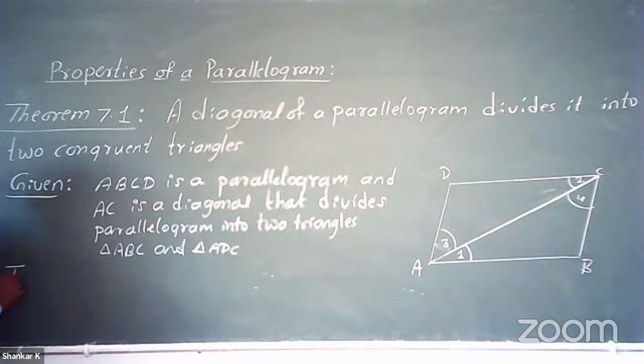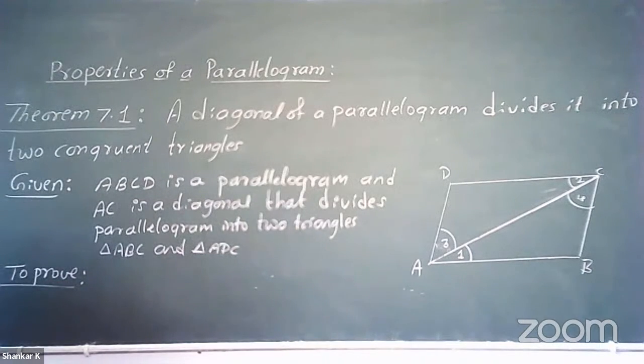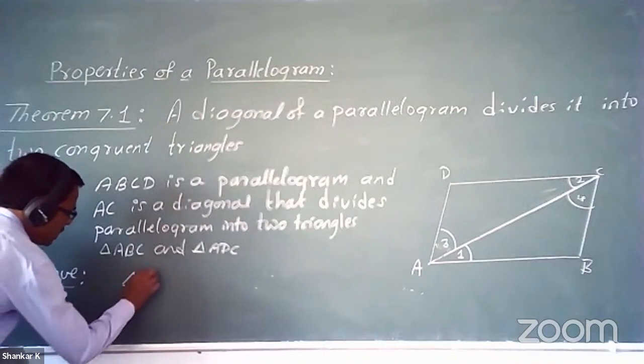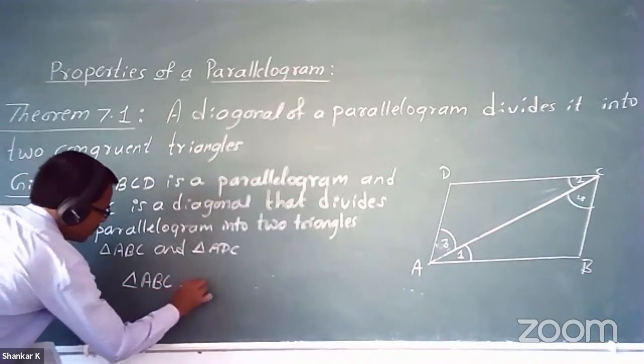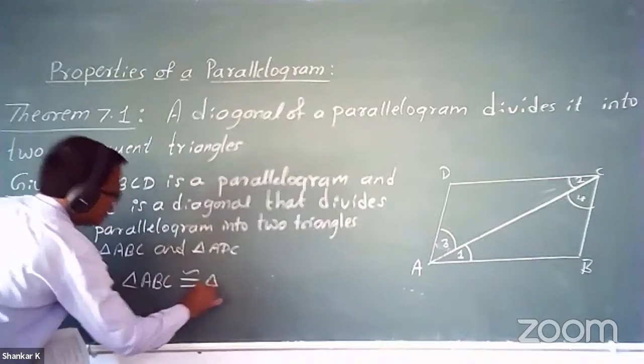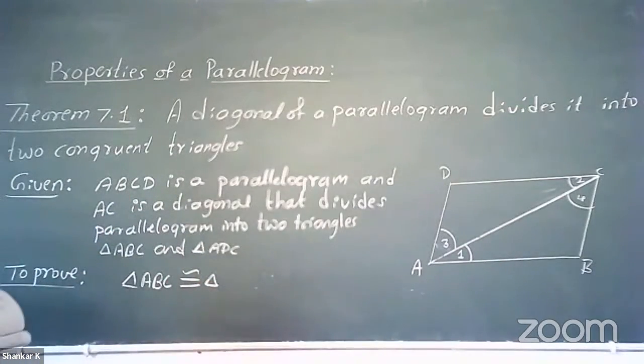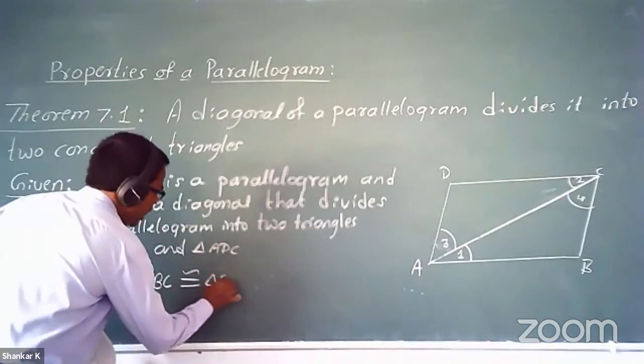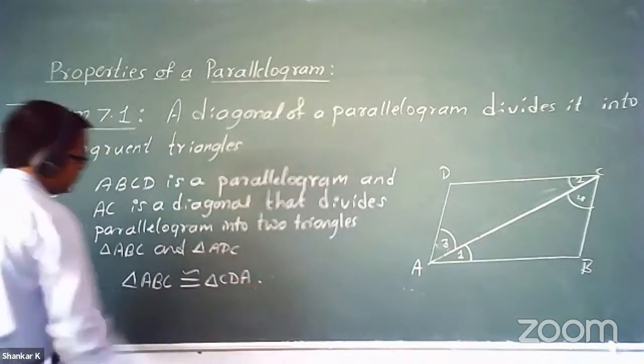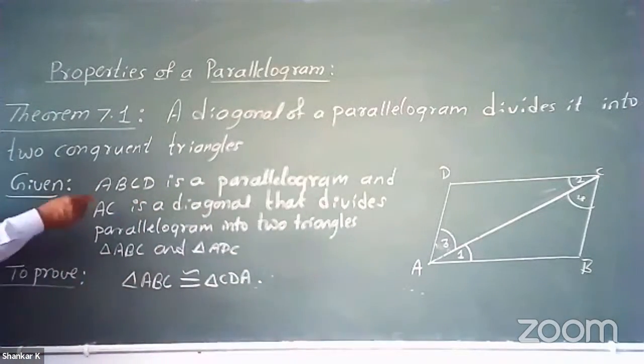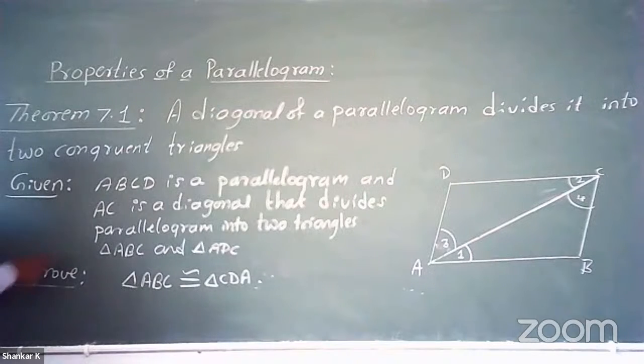To prove: what should you prove? You should prove both the triangles are congruent. Triangle ABC is congruent to triangle CDA. We have to prove this. If any construction is there, it should be written.